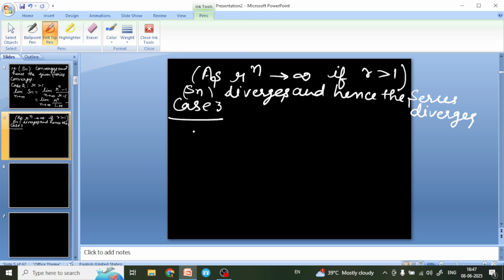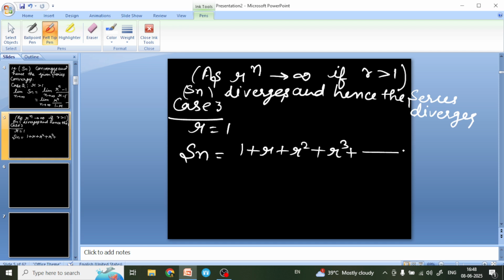In case 3, when we take r equal to 1, then we consider Sn equal to 1 plus r square plus r cube plus up to r raised to power n minus 1. We take r as 1, 1 raised to power 2, 1 raised to power 3, up to 1 raised to power n minus 1.